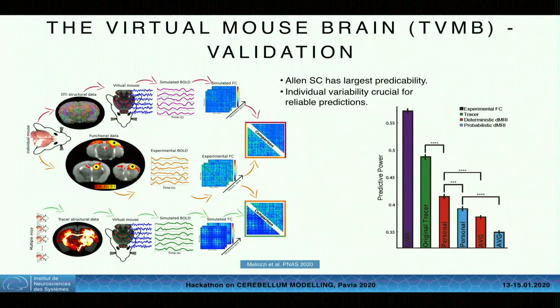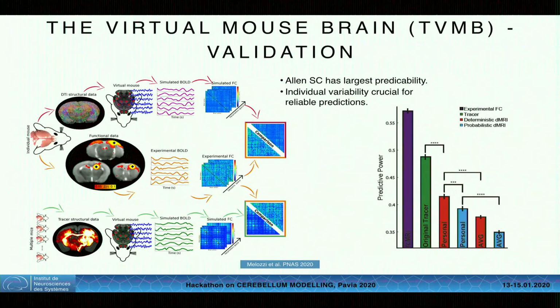And the main point here is that, in fact, the original tracer data, which is the green bar, has better predictive power even than individual mice connectomes. So using the average connectivity from many mice from the Allen Institute, which has the actual links, we get better predictability. And then, of course, if we have to use MRI, it was also shown that the individual MRI has higher predictability than the average MRI of all these 15 mice.